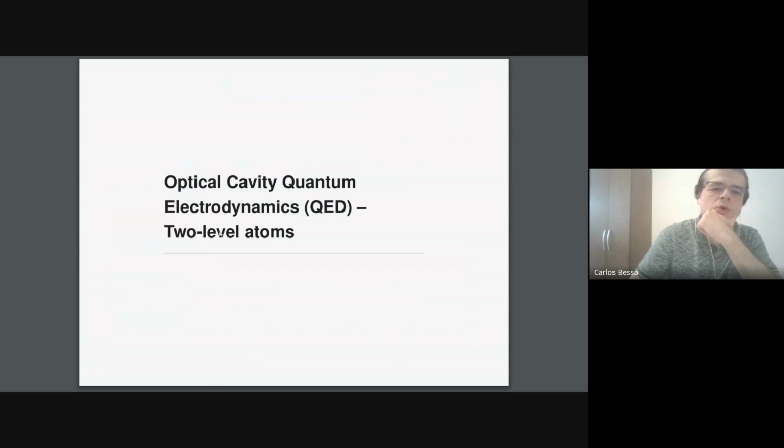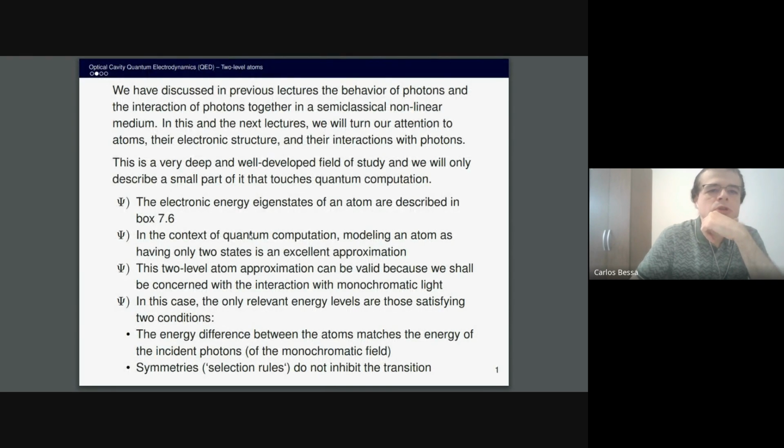So okay, today we will talk about box 7.6 and the energy levels of two-level atoms. We have discussed in previous lectures the behavior of photons and the interaction of these photons with a semi-classical nonlinear medium. That's the first optical model that we studied.